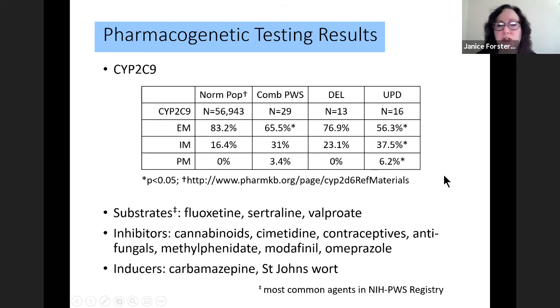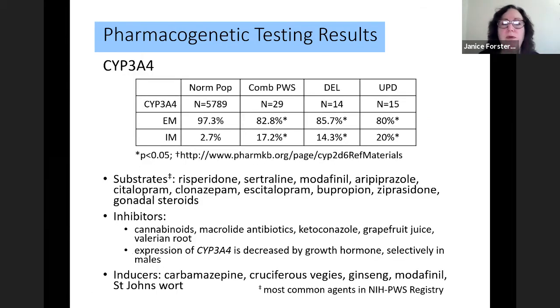2C9 had a different story. What we found here was that there was a generalized decrease, but only in UPD. The results of frequencies of metabolic phenotypes for deletion were very similar to the normal population, but UPDs had a decrease. For 3A4, we found that there was also a decrease in metabolic capacity.